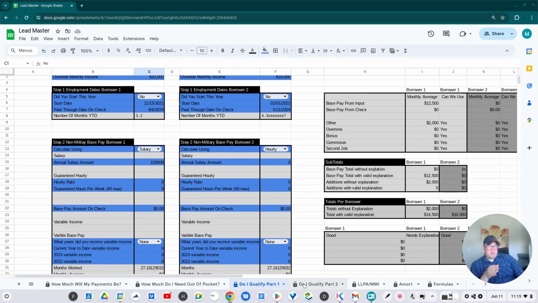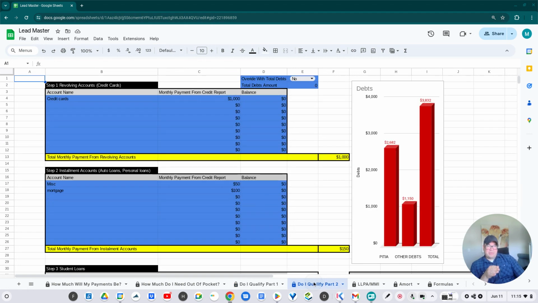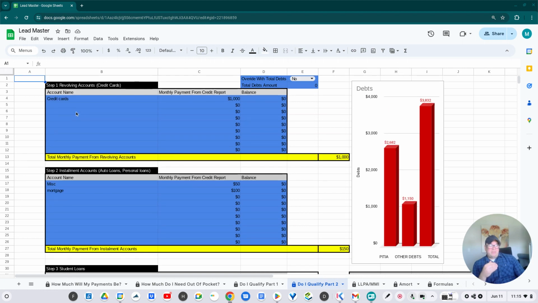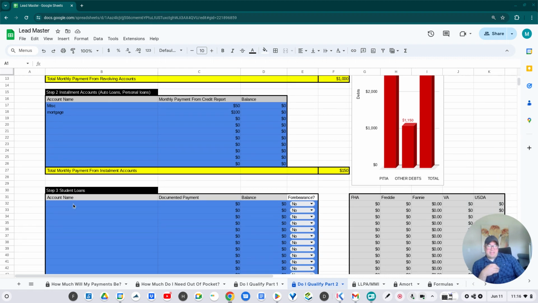Next part, if you go to the tab, do I qualify part 2, this is factoring in the debts other than the house that are on your credit report. In most cases, I will have entered the information you provided to me. As far as revolving accounts, those are credit cards, installment loans are like car loans, personal loans, mortgages, and there's a separate section for student loans.